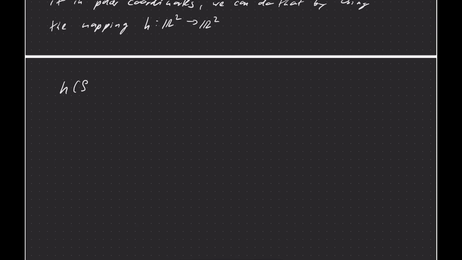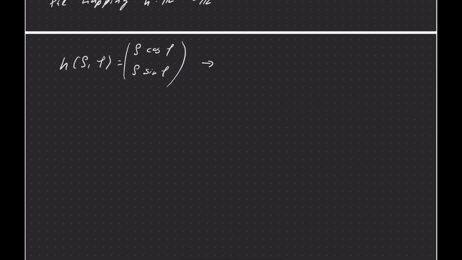So h of rho and phi is defined as rho cosine of phi, rho sine of phi. Okay, so this transformation, f after h, is f expressed in polar form.